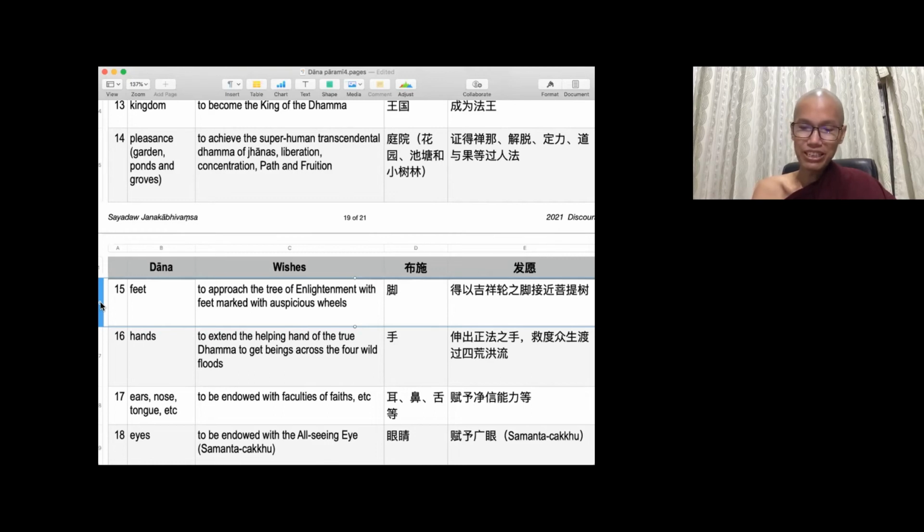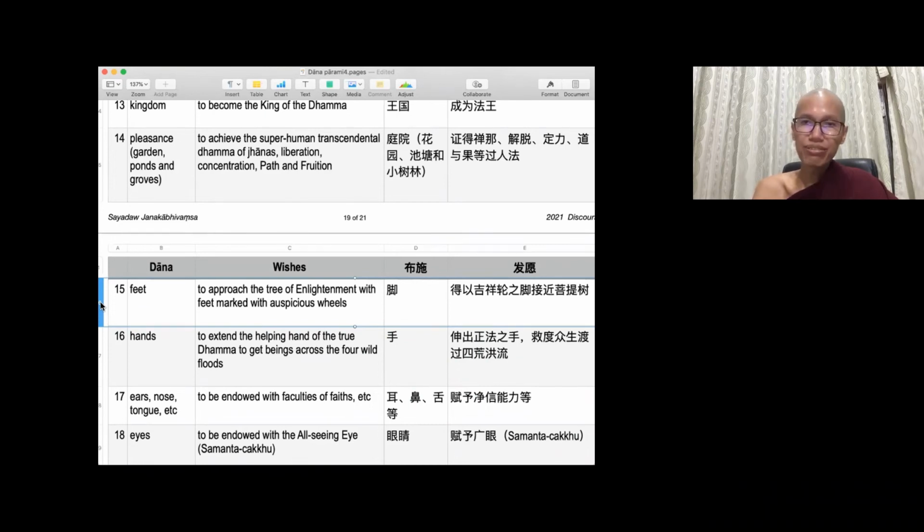Another thing is that maybe you need to go somewhere, so you may go on foot. By going, you serve people. So that may also mean feet donation or leg donation. So why? For what did the Buddha donate? To approach the tree of enlightenment with feet marked with auspicious wheels.